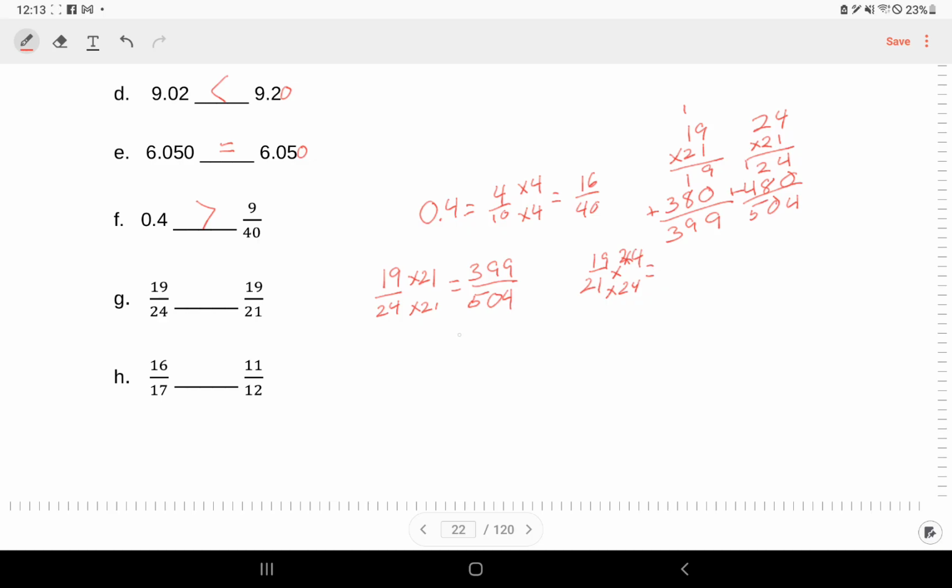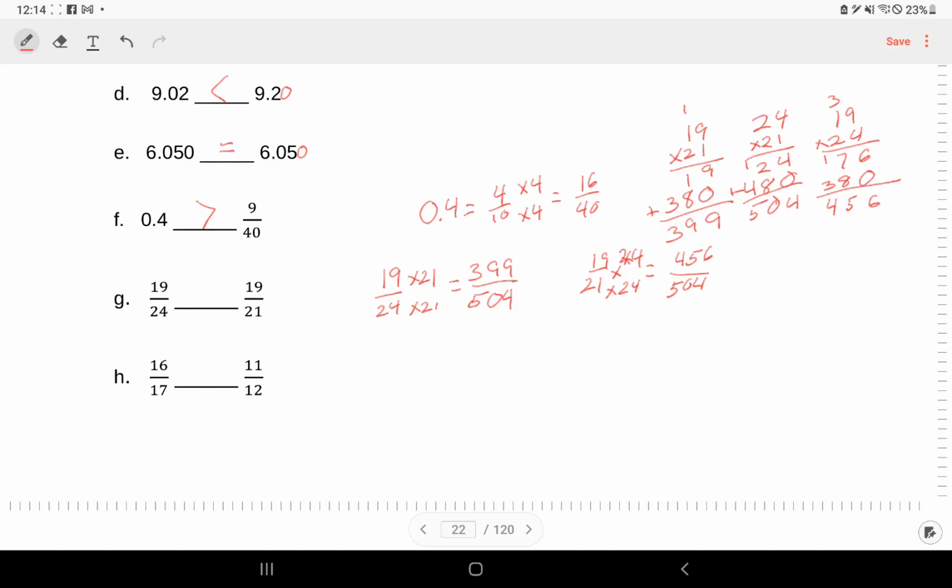Well, we already know that 21 times 24 is 504, because we just did that. And so now we do 19 times 24. Well, 4 times 9 is 36, carry 3. 4 times 1 is 4, plus 3 is 7. Placeholder. And, well, we know 2 times 19 is 38, because we just did that over there. 6 and 0 is 6. 7 and 8 is 15. Carry 1. 1 and 3 is 4, so that's 456.